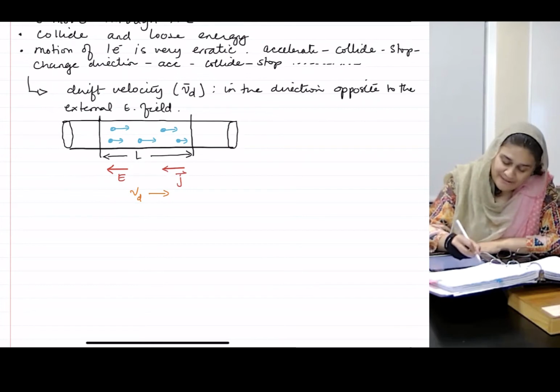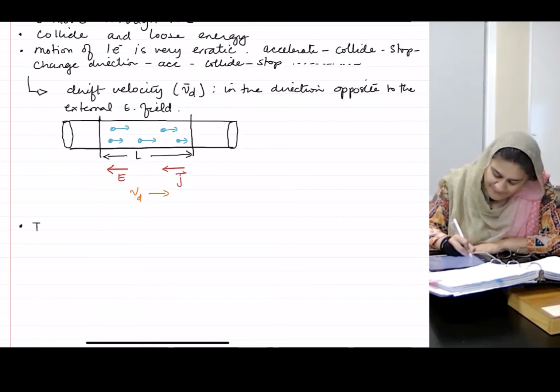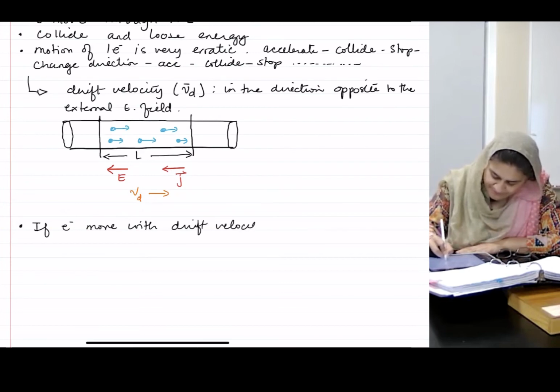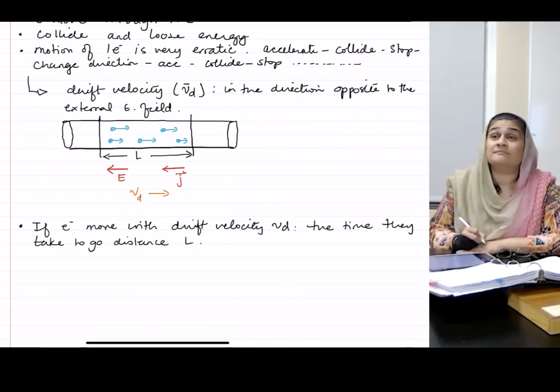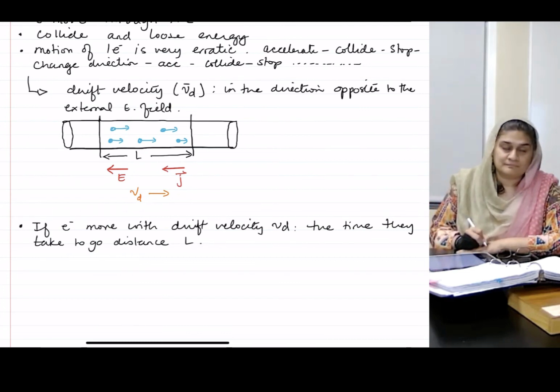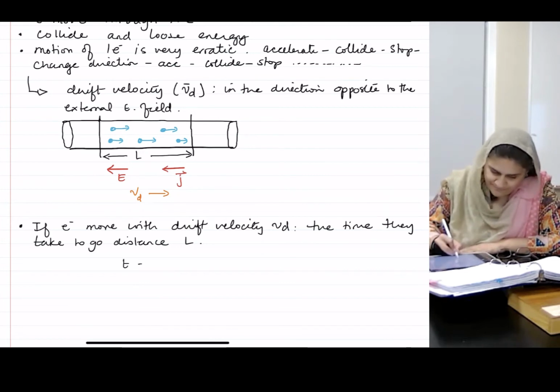So may I write then, if electrons move with drift velocity Vd, the time they take to go distance L is L over Vd.